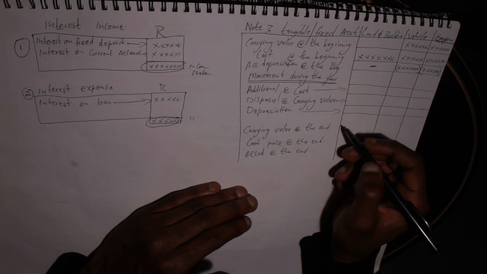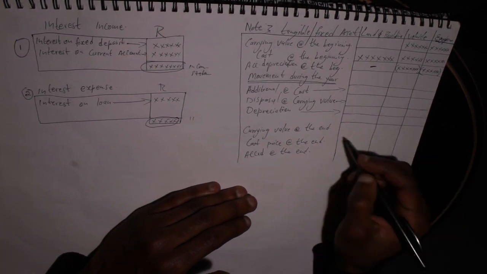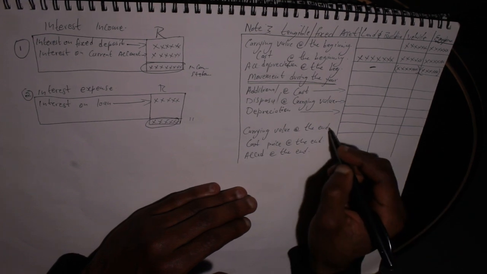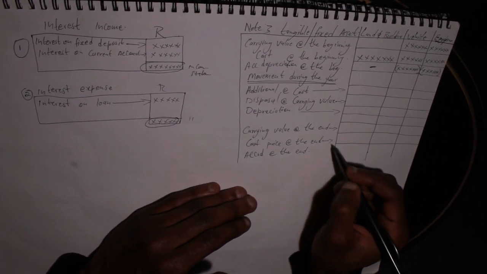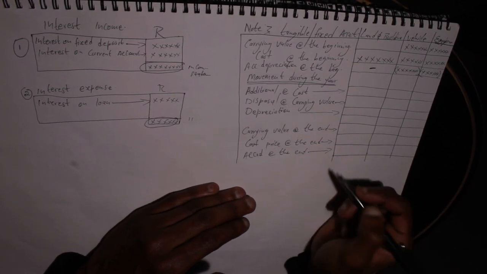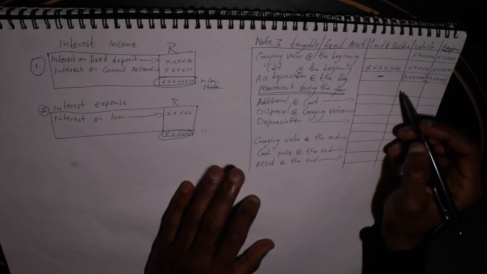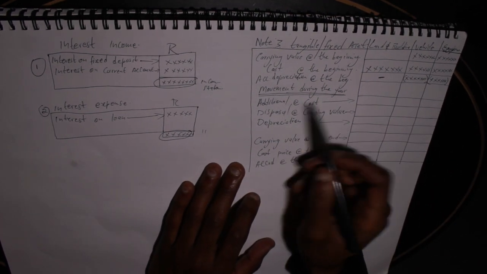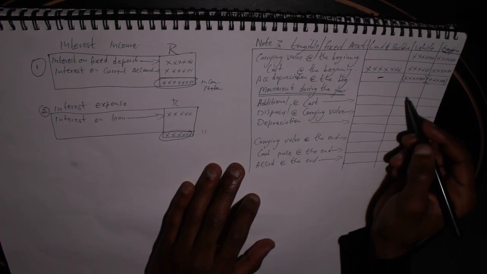And then we're also going to make a simple row for carrying value at the end, followed by a row for cost price at the end, and a row again for accumulated depreciation at the end. All right, as we continue, let's focus on our movement during the year, additional at cost. Now, additional at cost, I would like to start with vehicle.